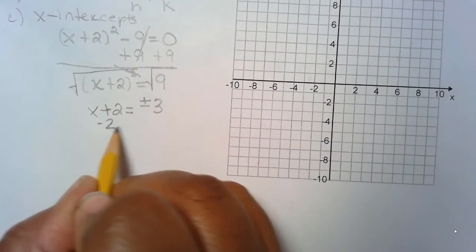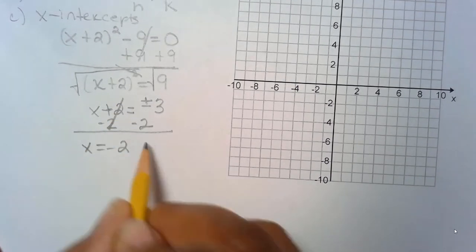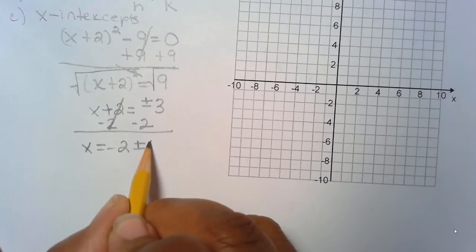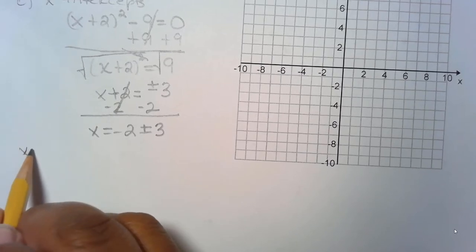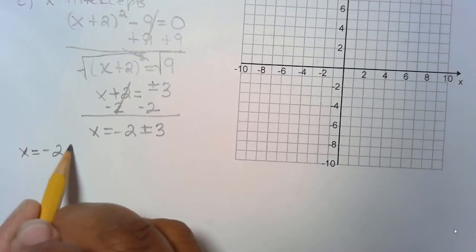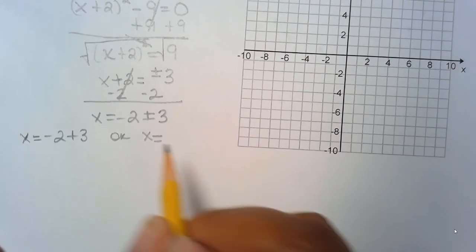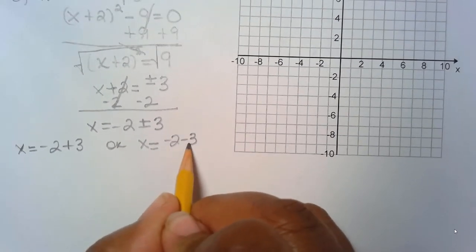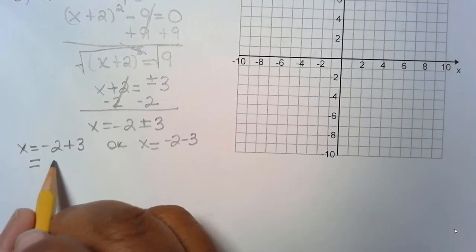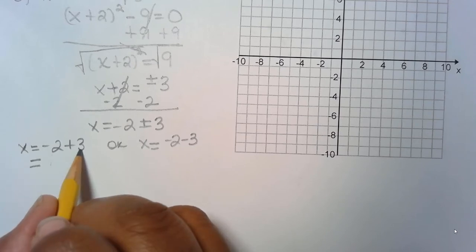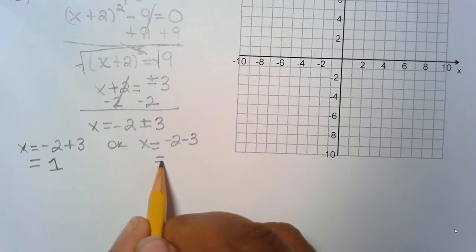Then let's subtract 2 from both sides, and we have x is equal to -2 plus or minus 3. So then our solutions: x equals -2 plus 3, or x is equal to -2 minus 3. So those intercepts, -2 plus 3 gives us 1, and -2 minus 3 gives us -5.